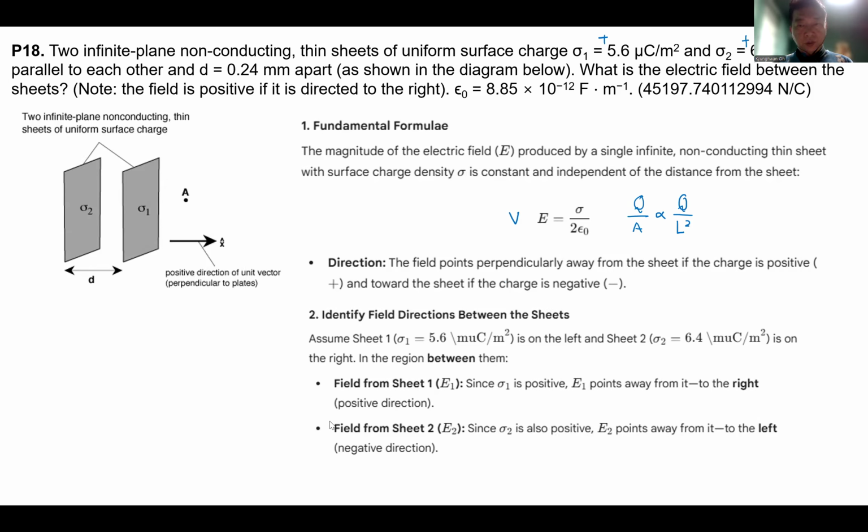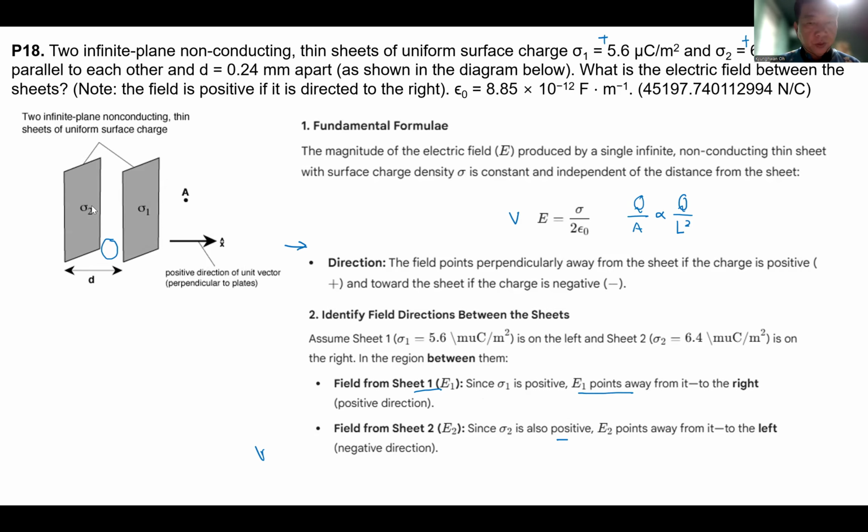So the field from sheet 1, E1, points away from it, toward the positive x direction. And the field from sheet 2 is also positive, in this direction. But what is important here is the electric field between these.